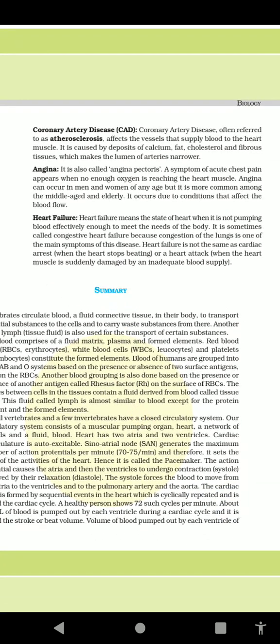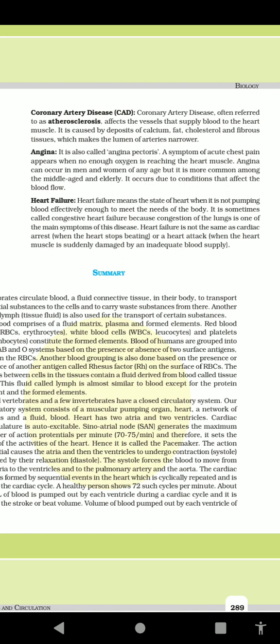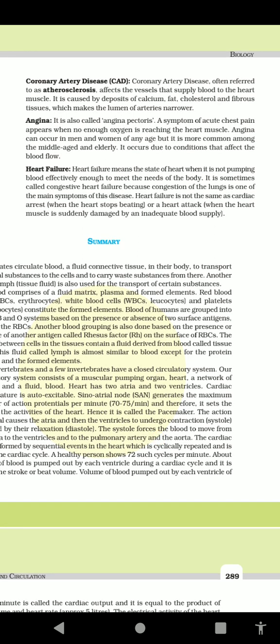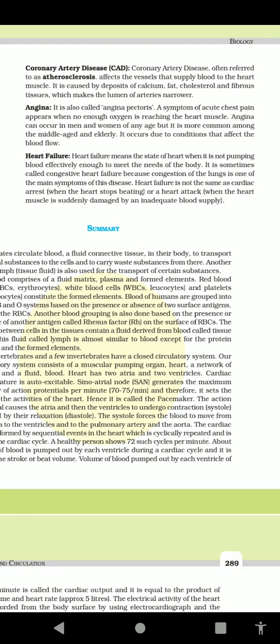Coronary artery disease, CAD. Coronary artery disease, often referred to as atherosclerosis, affects the vessels that supply blood to the heart muscle. It is caused by deposits of calcium, fat, cholesterol and fibrous tissue, which make the lumen of the arteries narrow.